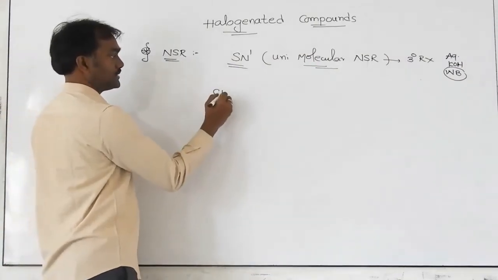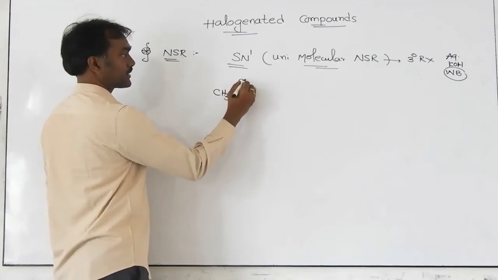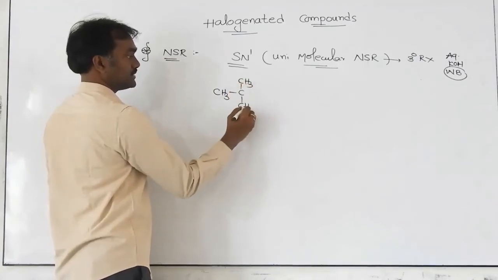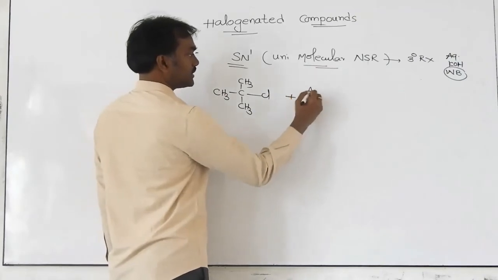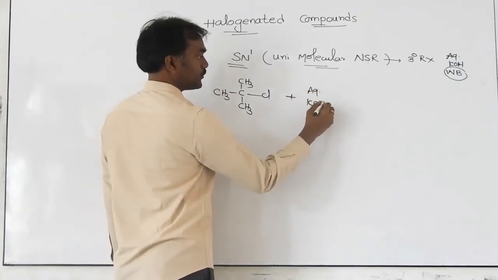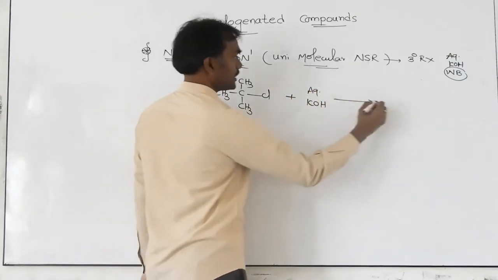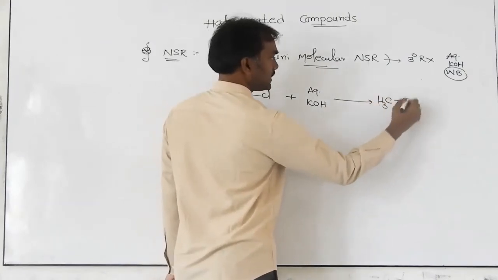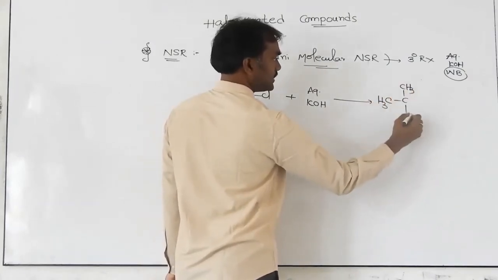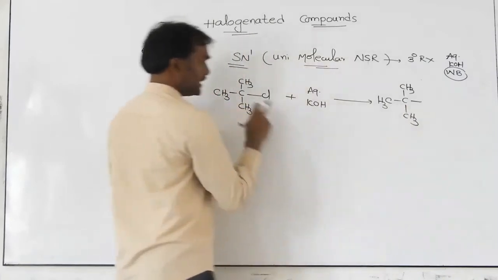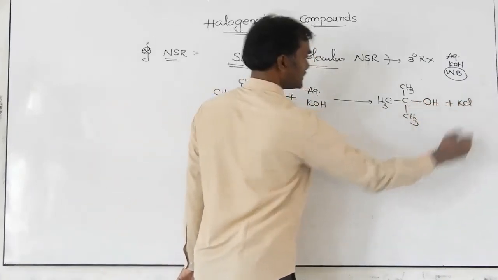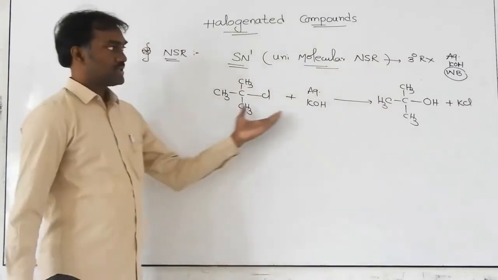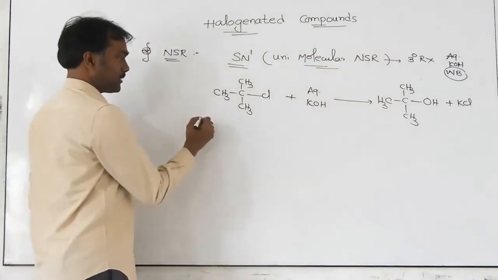Suppose you take (CH3)3CCl treated with aqueous KOH. Your answer is (CH3)3C, Cl is replaced with OH, plus KCl. The progress of the reaction is explained through the mechanism.